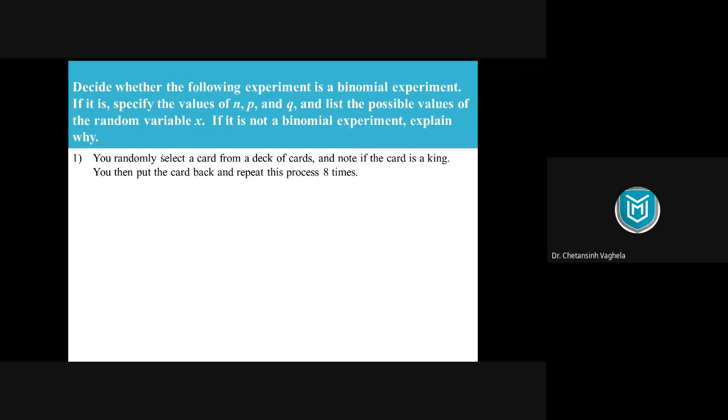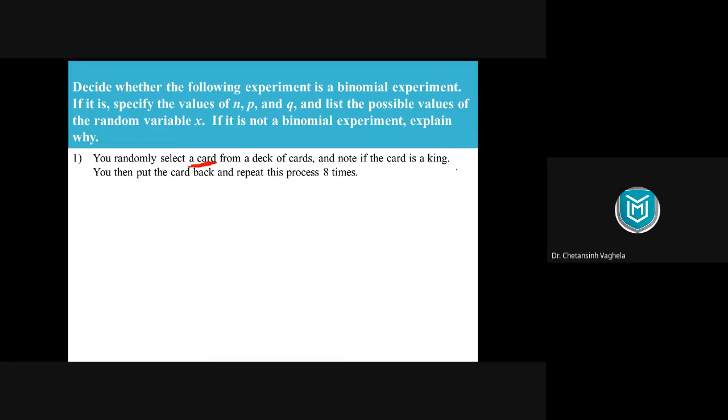You are supposed to pick a single card from that deck, and then note if the card is a king.